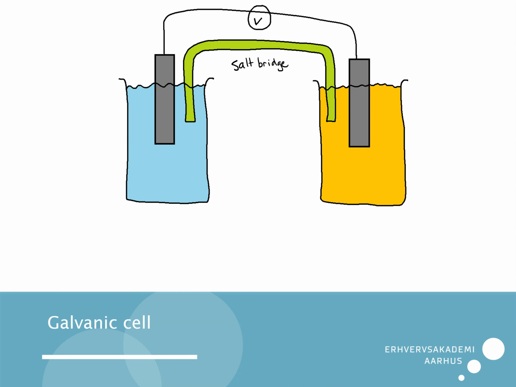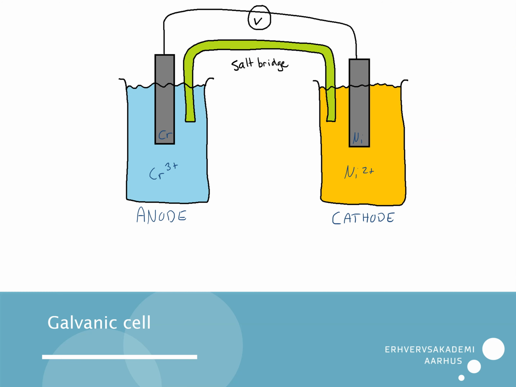If we were to draw our galvanic cell, it would look like this. A chromium electrode in a chromium solution on the left and a nickel electrode in a nickel solution on the right. The electron donor is also called the anode, and the acceptor is called the cathode.